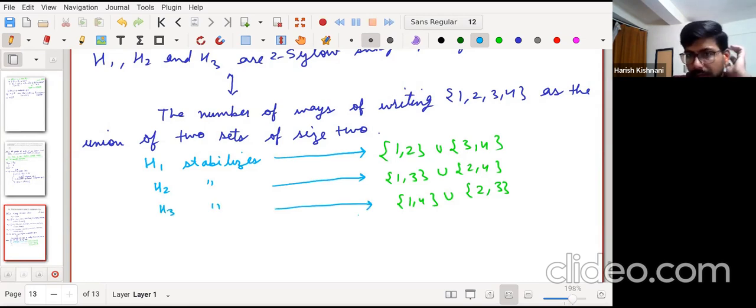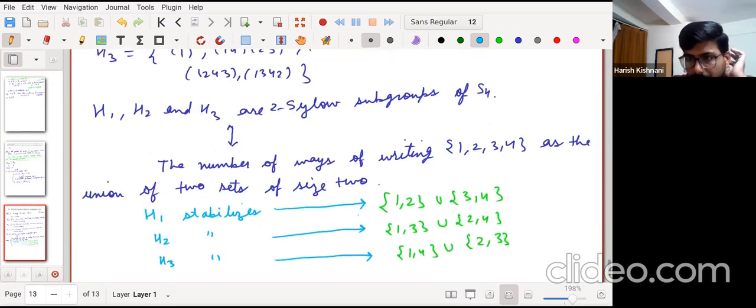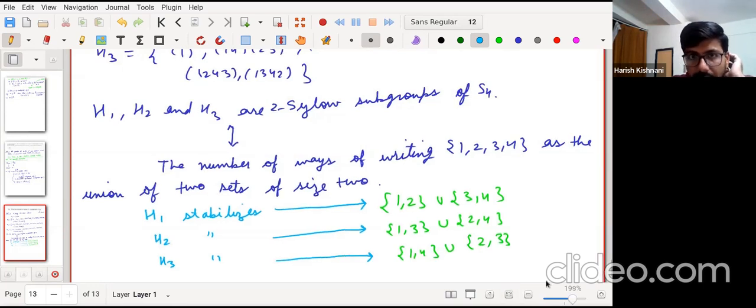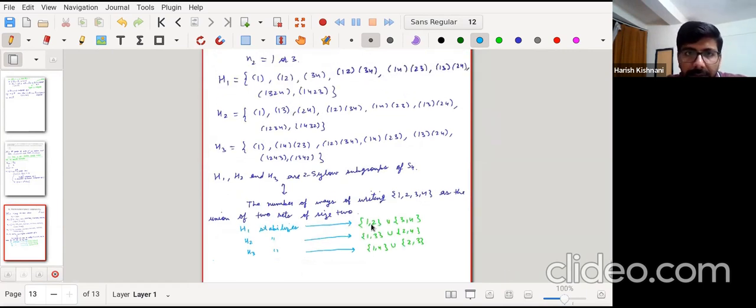I will just do it for H3, because H3 is visible. Or I could just make the size small. Now we can see all three, right? So the elements of H1: identity will definitely stabilize. 1 2 will map 1 to 2, and 3 and 4 are fixed. 3 4 will just map 3 to 4, and 1 2 are fixed. So stabilizing means this subset 1, 2 is either mapped to 3, 4 or to itself. It won't be mapped to something else.